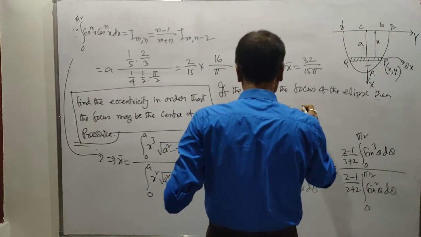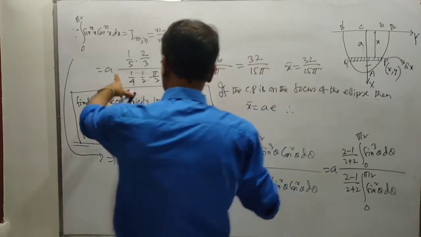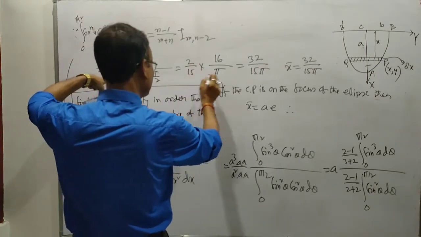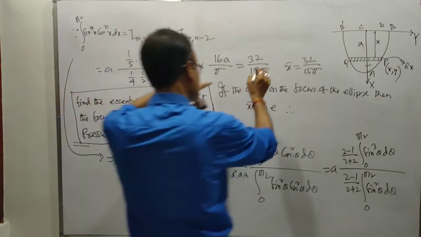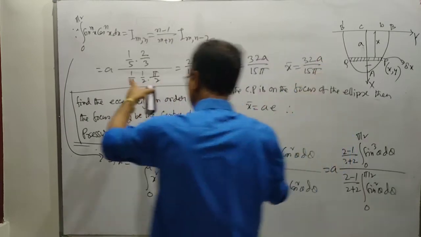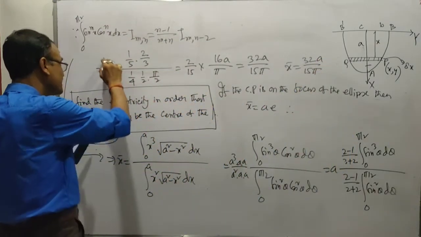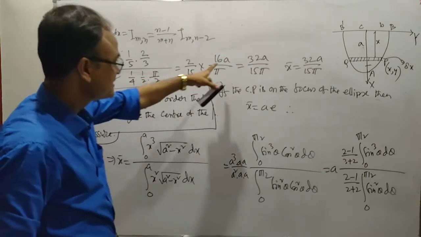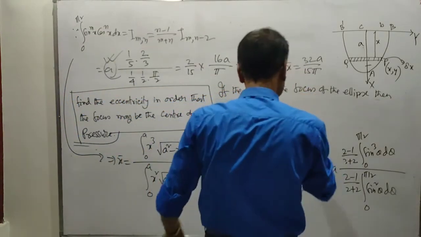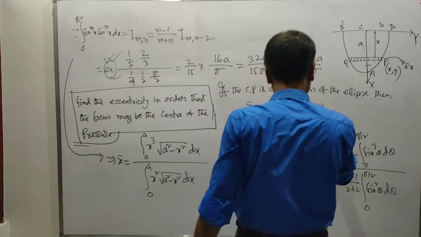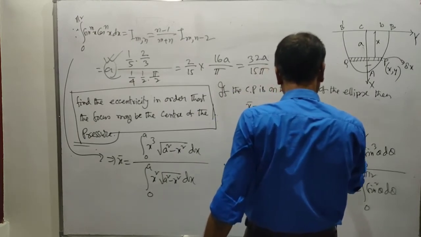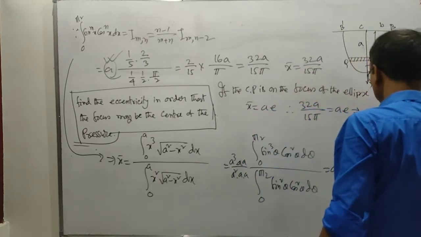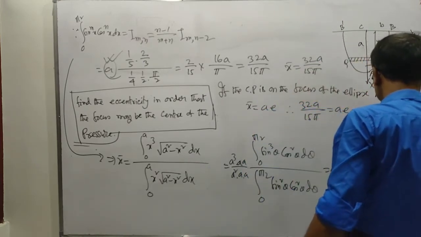Therefore, here a is there, 2 by 15 into a, it is 32a. Don't forget to write this a. That is 32a by 15 pi equals ae. This means the eccentricity will be equal to 32 divided by 15 pi.